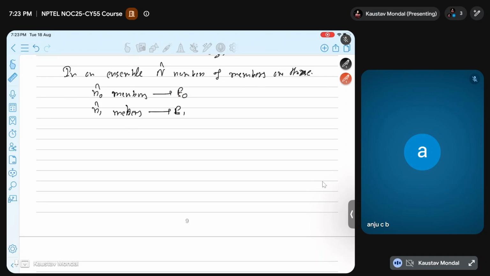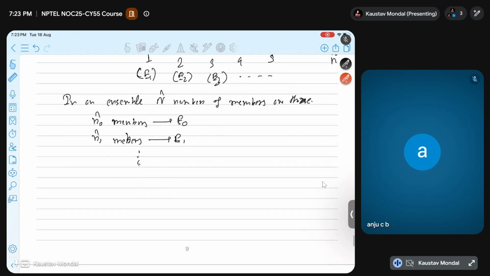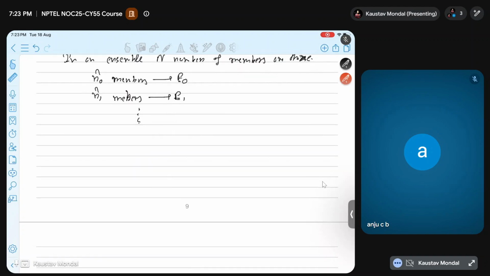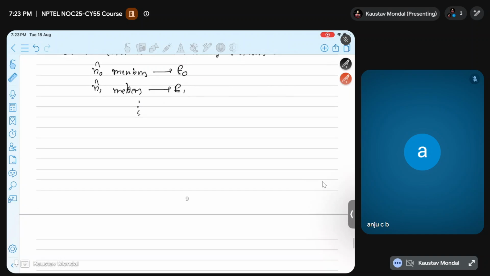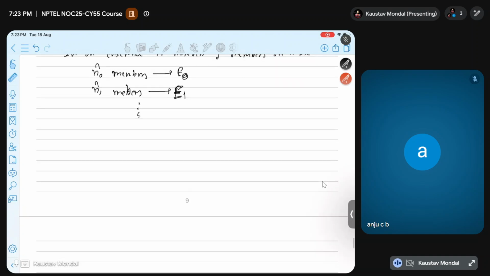In a similar way we have done for the distribution of particles in the energy levels. But here it's not an energy level; it's the system itself. So n0 systems have total energy E0, n1 systems have total energy E1. In this way we figure out the distribution of these members with different energies, and from this information we can get the weight of this configuration, right?